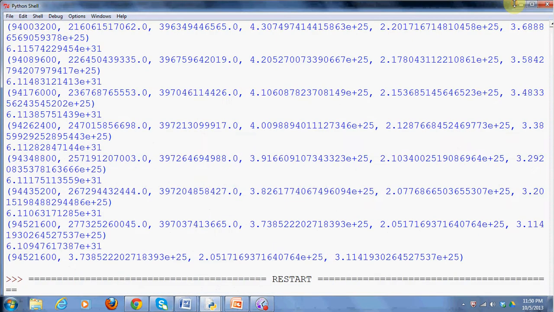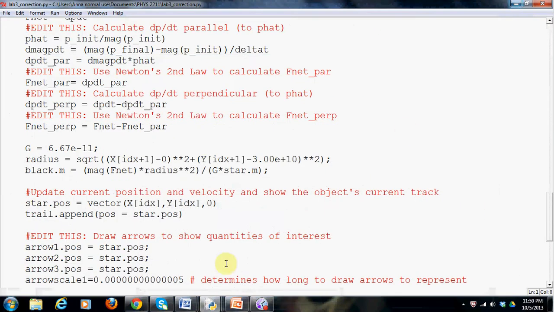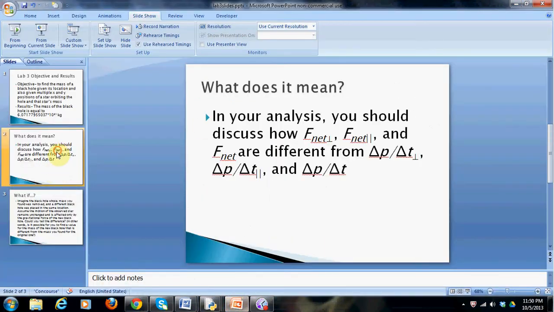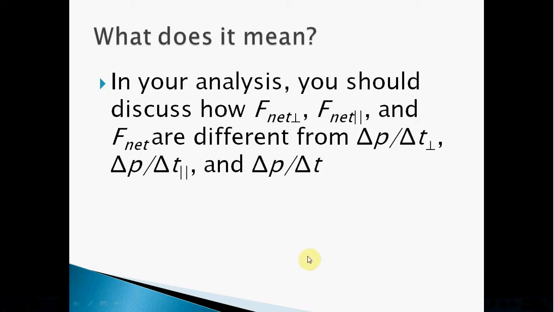Now to questions. First, what does it mean? In your analysis, you should discuss how F-net perpendicular, F-net parallel, and F-net are different from delta P over delta T perpendicular, delta P over delta T parallel, and delta P over delta T. In this problem, we set all the forces to their corresponding delta P over delta T values.